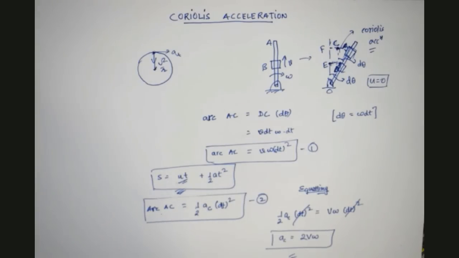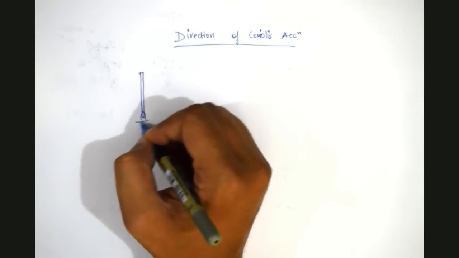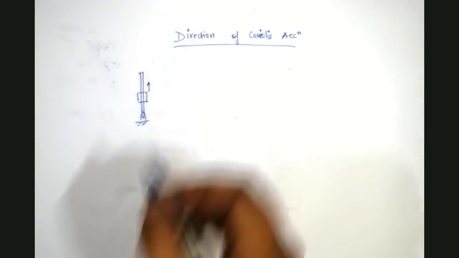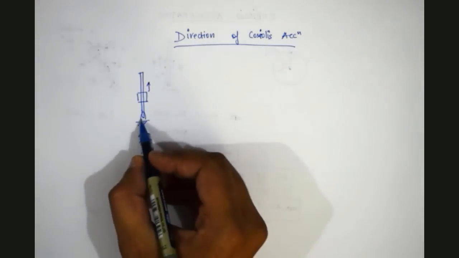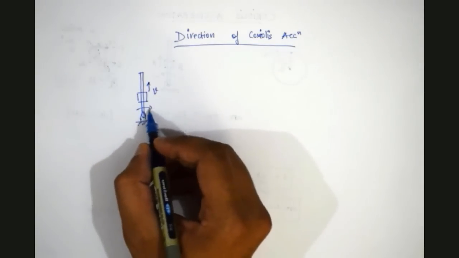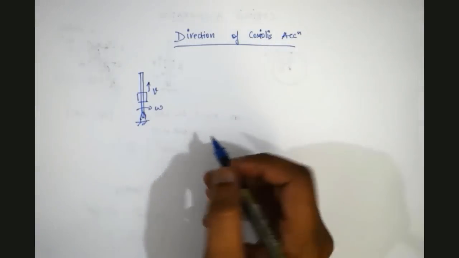Now we will discuss the direction of the Coriolis acceleration. In which direction we can find the component of this Coriolis acceleration. We have this rod and slider is moving here with velocity v, and this rod is rotating with omega. Now how to calculate the direction of Coriolis acceleration?